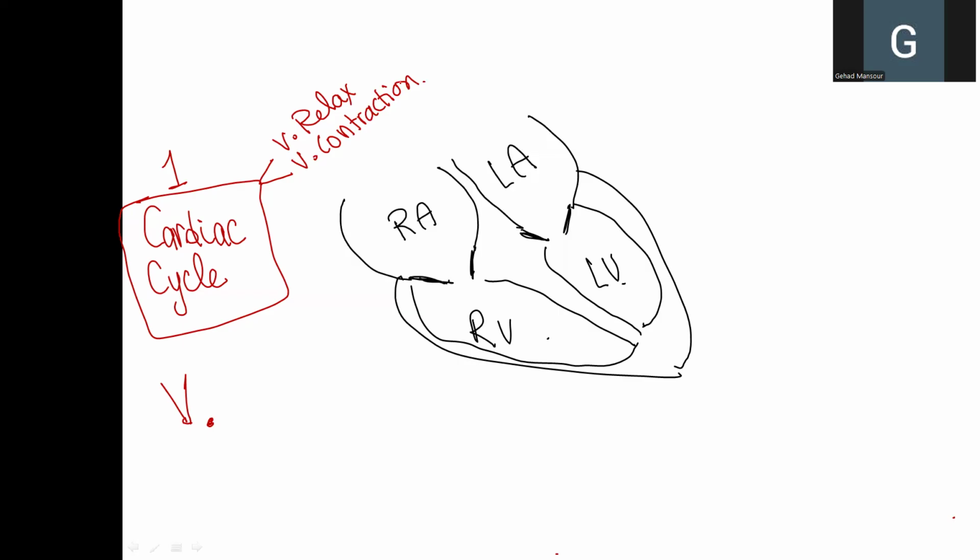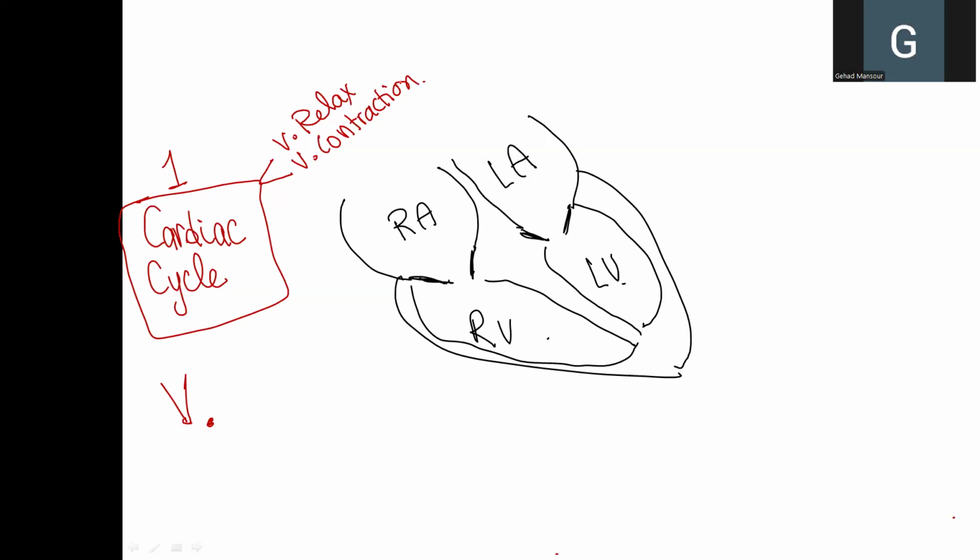But we are focusing on the ventricles because they are more important, and if we discuss the changes of the atria and the ventricles at the same time, it would become very complicated. So we will keep this to a later stage when you've assimilated what I'm saying now.